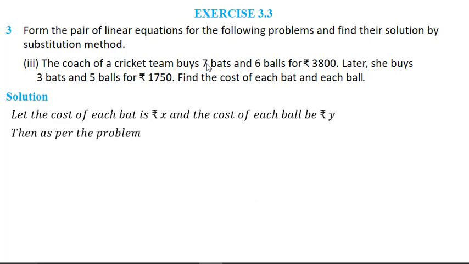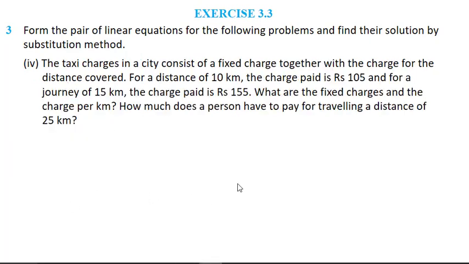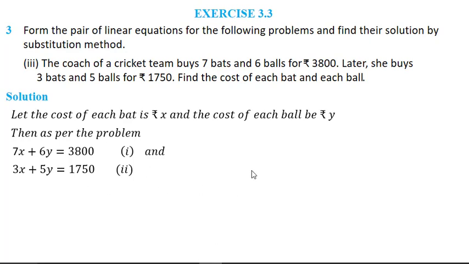As per the first condition, we have 7 bats and 6 balls for rupees 3800, so 7x plus 6y is 3800. The second condition is 3 bats and 5 balls, so 3x plus 5y is 1750. Now I have these two equations, I will solve by the substitution method.